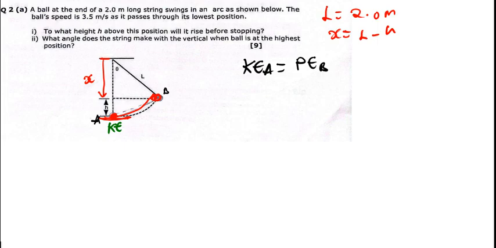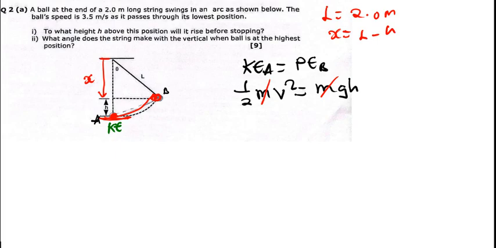Conservation of energy is that energy cannot be created and it cannot be destroyed, but it can be converted from one state to another. So the energy which we have here, when it reaches point B, is going to be converted to potential energy. So I'll say half mv squared is equal to mgh. We do not have mass, we can cancel mass, as it appears on both sides.